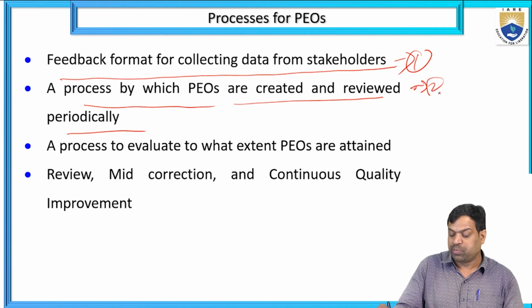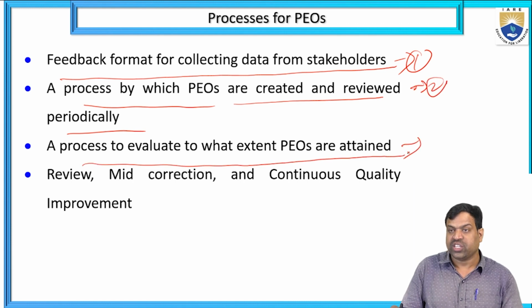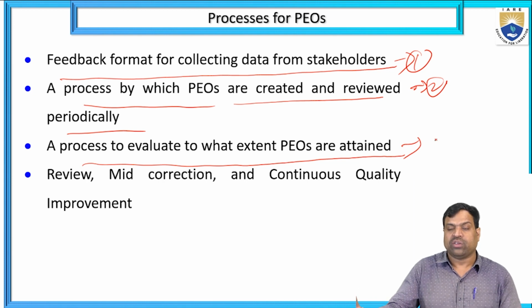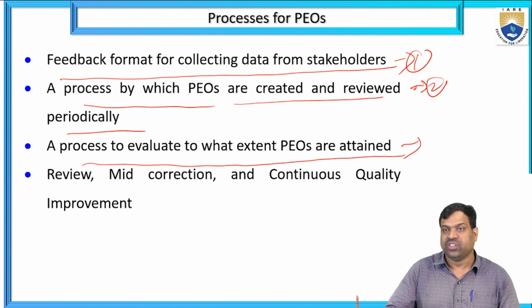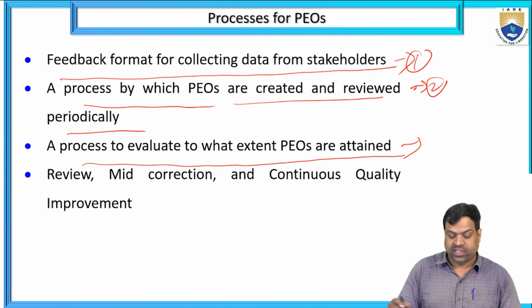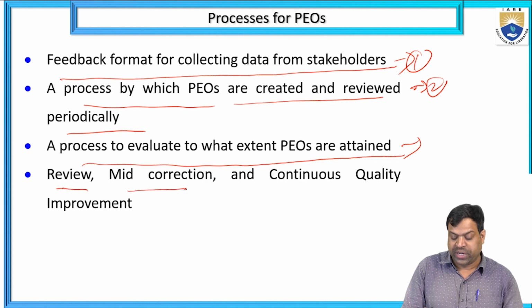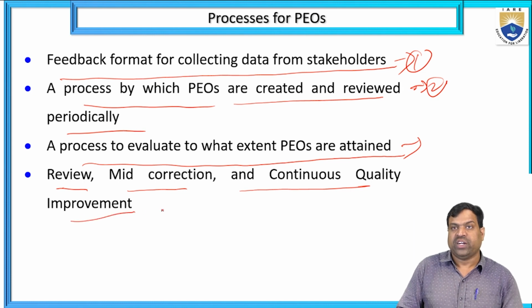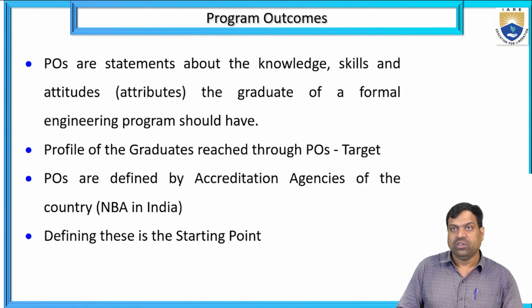Then review of the PEOs, and a process of evaluation to see to what extent the PEOs are attained. So we are checking whether we reached the PEOs of the course, based on feedback from stakeholders. And we are reviewing mid-course corrections and continuous quality improvements. And that is the process of PEOs.